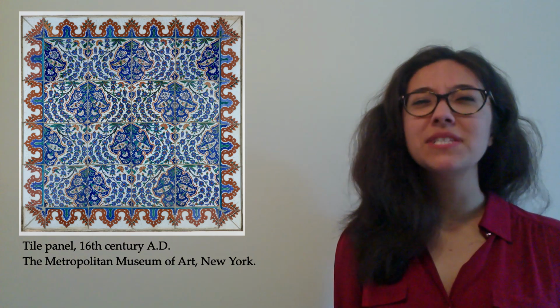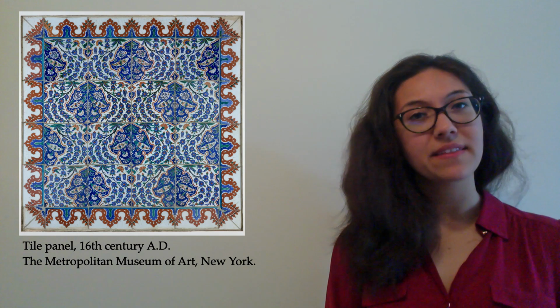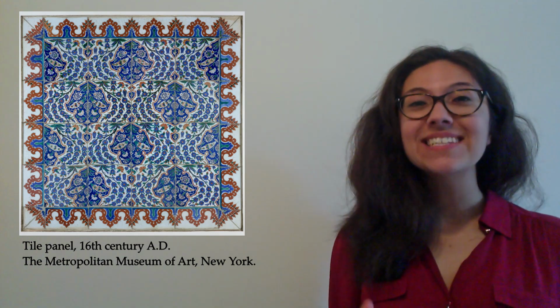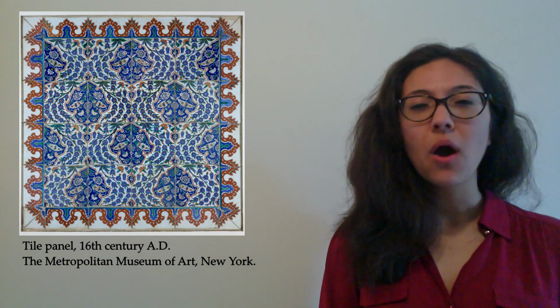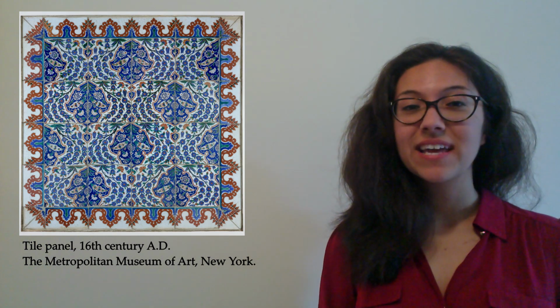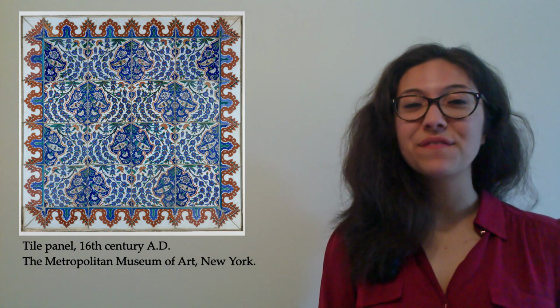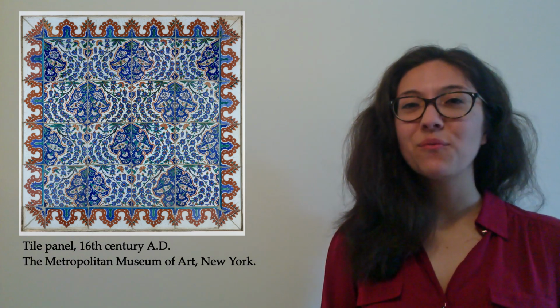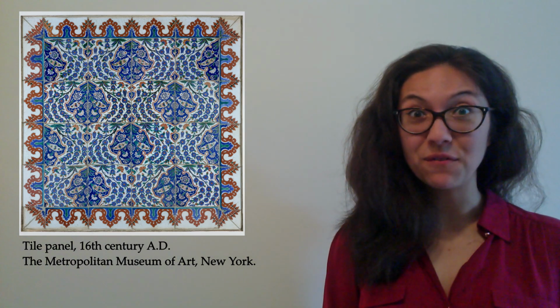Now, 500 years ago in Turkey, tiles like this were very popular, and the city of Istanbul was the home to craftsmen who made these tiles, and whose tiles were used to fill all the new buildings that were being built in the city itself.